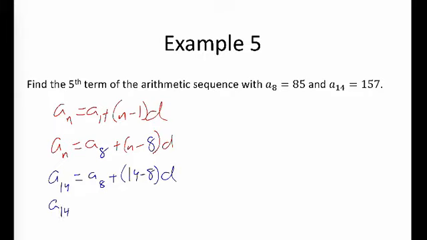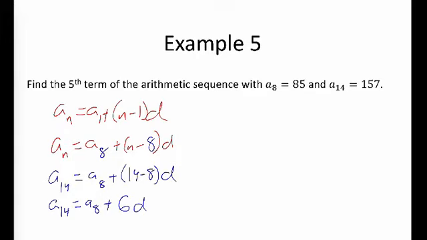We got a sub 14 equals a sub 8 plus 14 minus 8 is 6 times d. The significance of that 6, thinking back to the previous examples, is the number of steps going from one term to the next. It takes 6 steps for us to go from the 8th term to the 14th term. That's where that 6 is coming from.